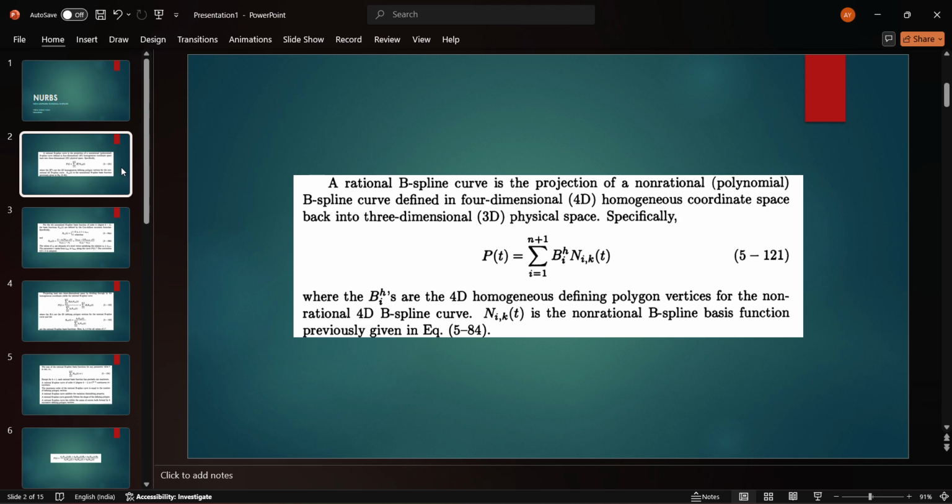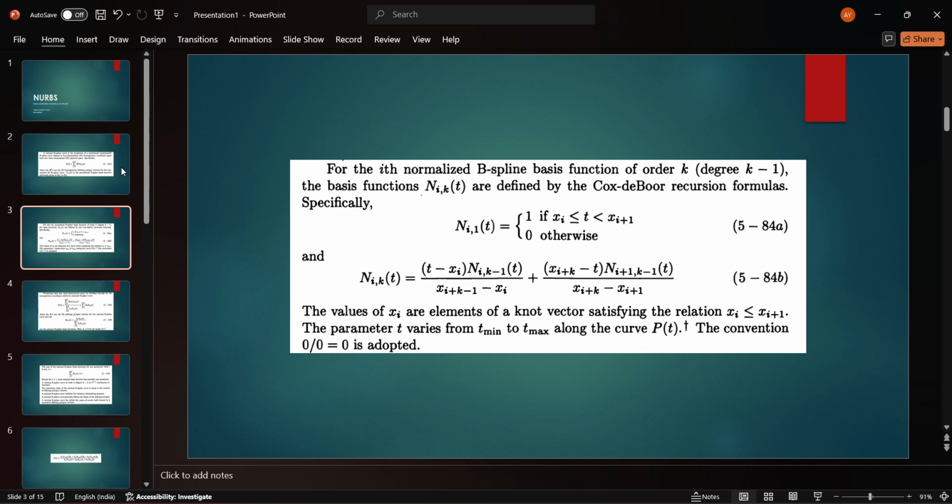Ni,k is the non-rational B-spline basis function given by equations 5.84a and 5.84b. Ni,1(t) is 1 when t lies between xi and xi plus 1, and 0 otherwise.